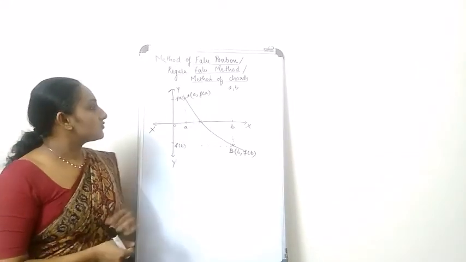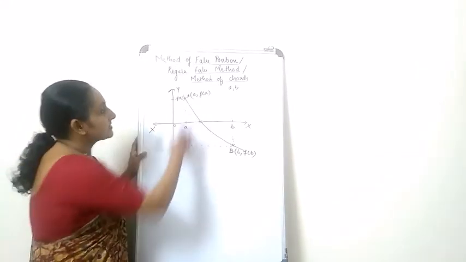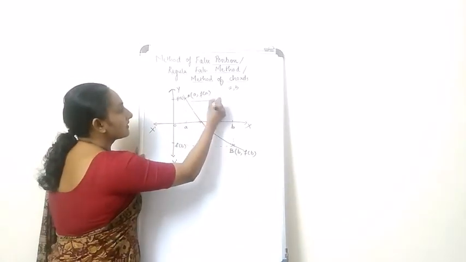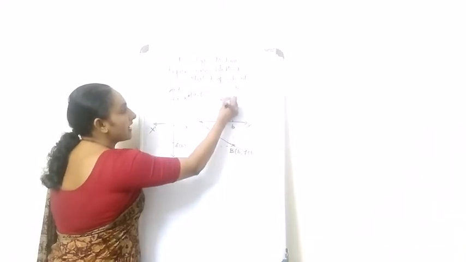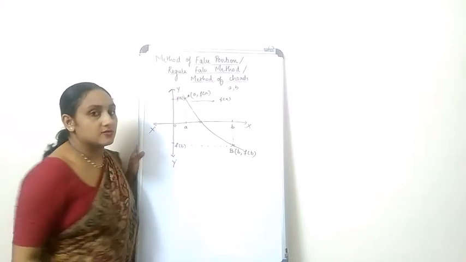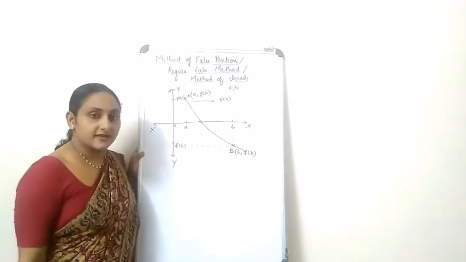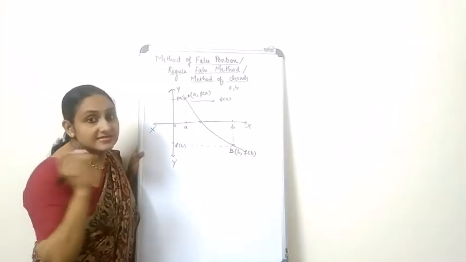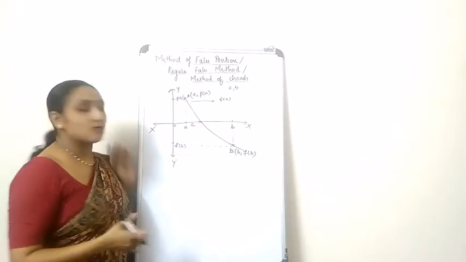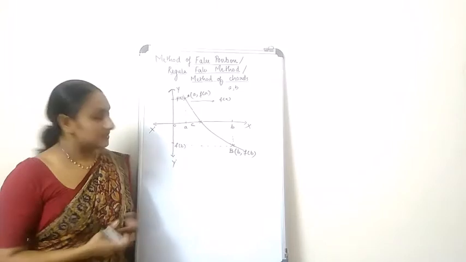So I got two points a and b, and this is nothing but f(x), and it is a continuous function. Now the point which is cutting the x-axis, I'm going to mark as C. I will write the coordinates a bit later.